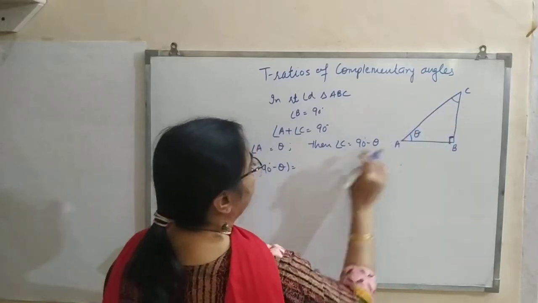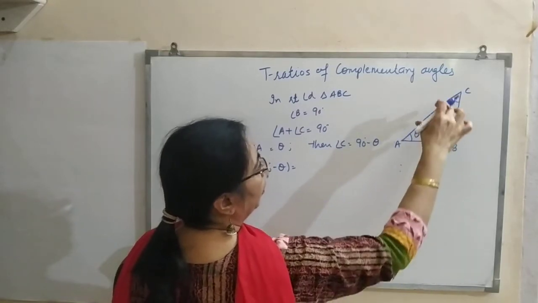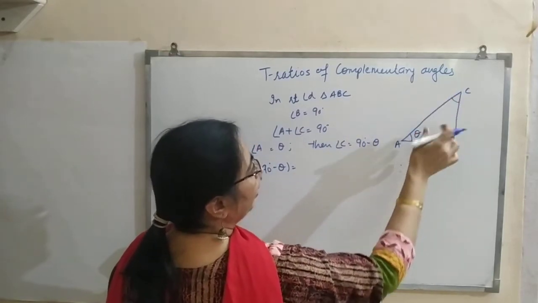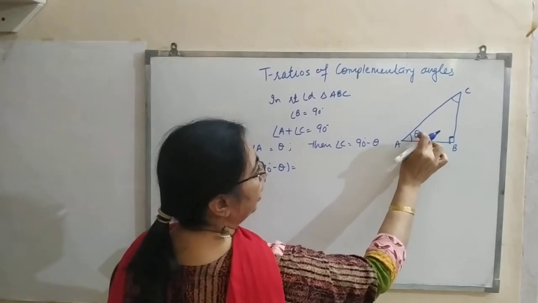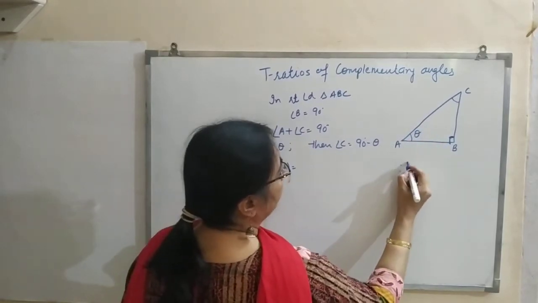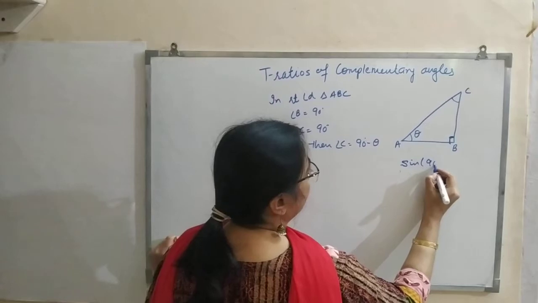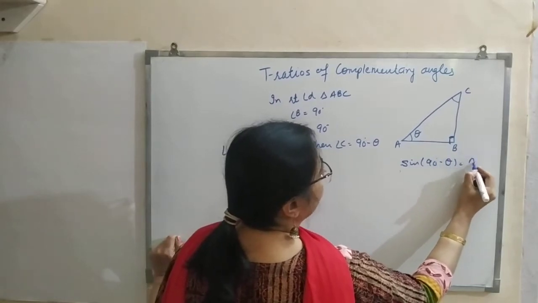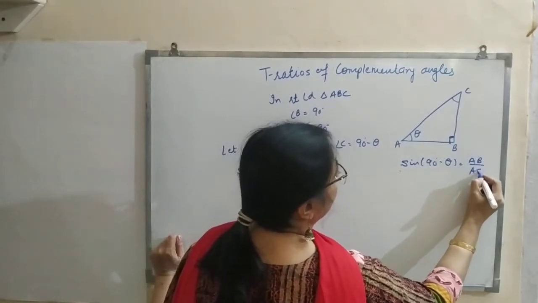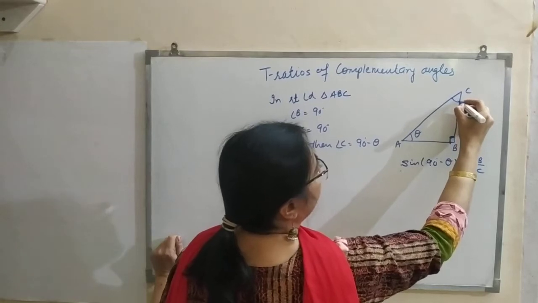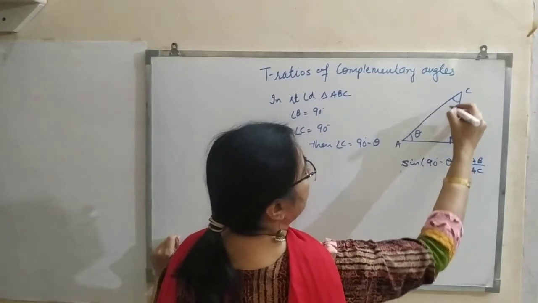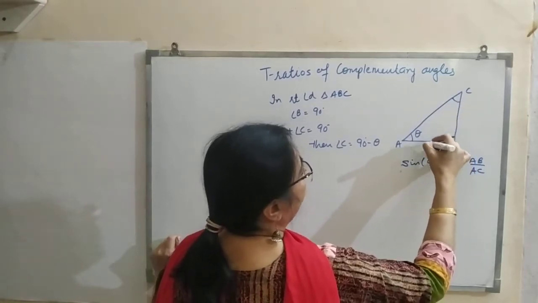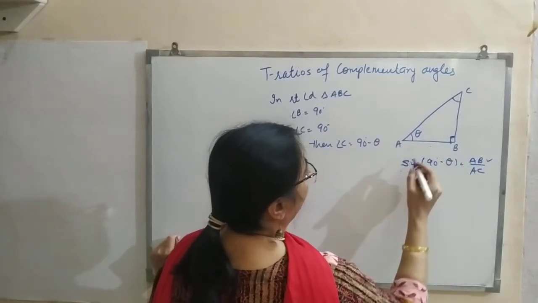So this angle, that will be equal to AB upon AC. Sine of 90 minus theta, if I take, this angle is 90 minus theta, and sine means opposite side upon hypotenuse. So it is AB upon AC.